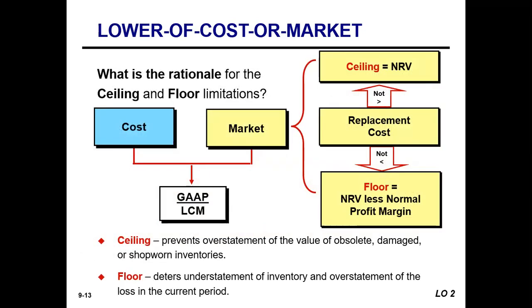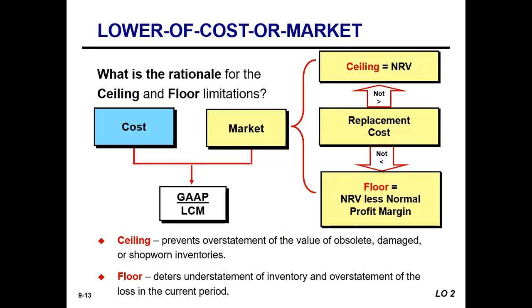So just like it tells us in our book, the reason why we calculate these ceiling and floor limitations is that the ceiling, which is net realizable value, is the highest value basically that we're going to use.